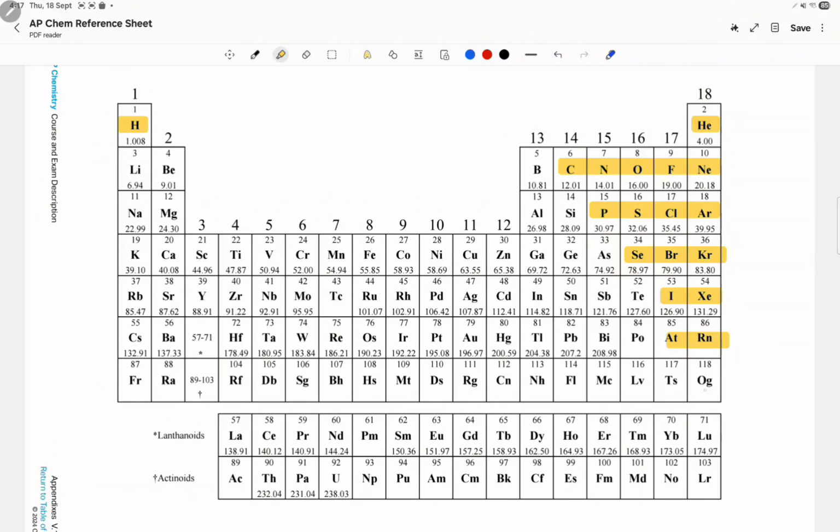These are all going to be our non-metals. They're not that many. So if it's highlighted in yellow, it's going to be a non-metal. Now, if I use a different color, let's say this color, that's going to be called a semi-metal, which some might call a metalloid.